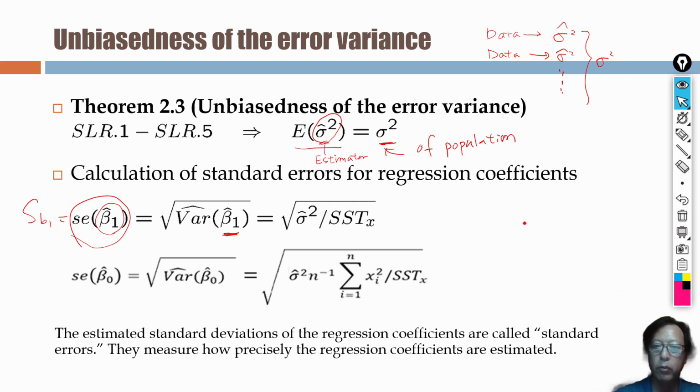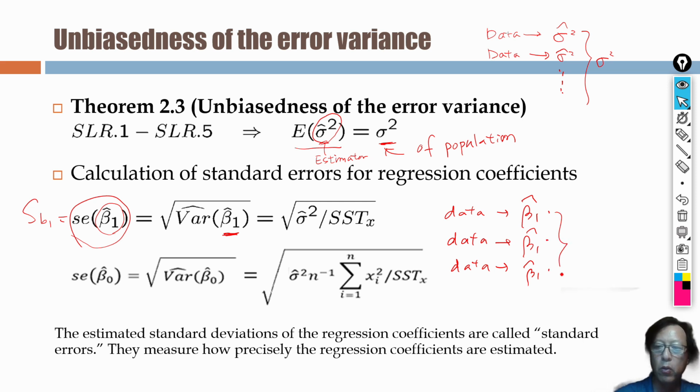If you calculate beta 1 hat many times, with different data, you don't have to collect the data again and again, but what if we did, you will have a lot of different numbers.